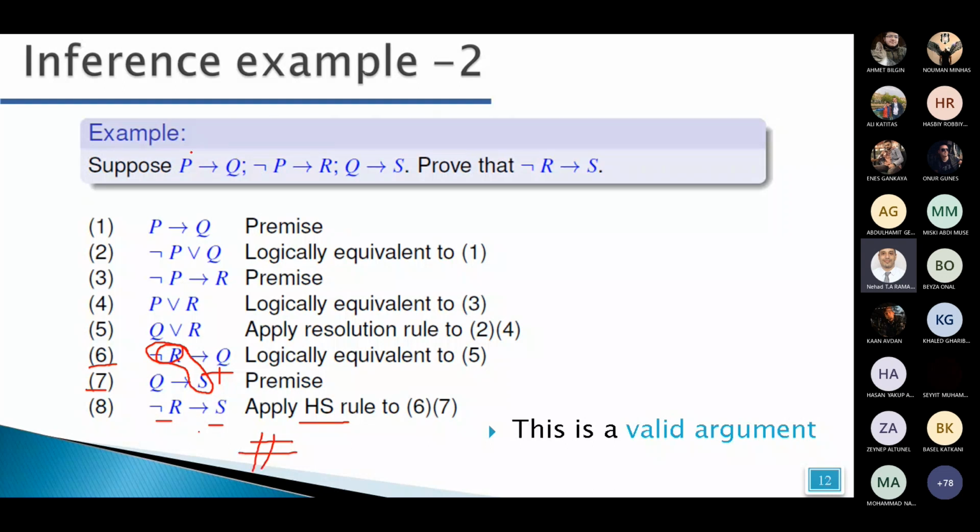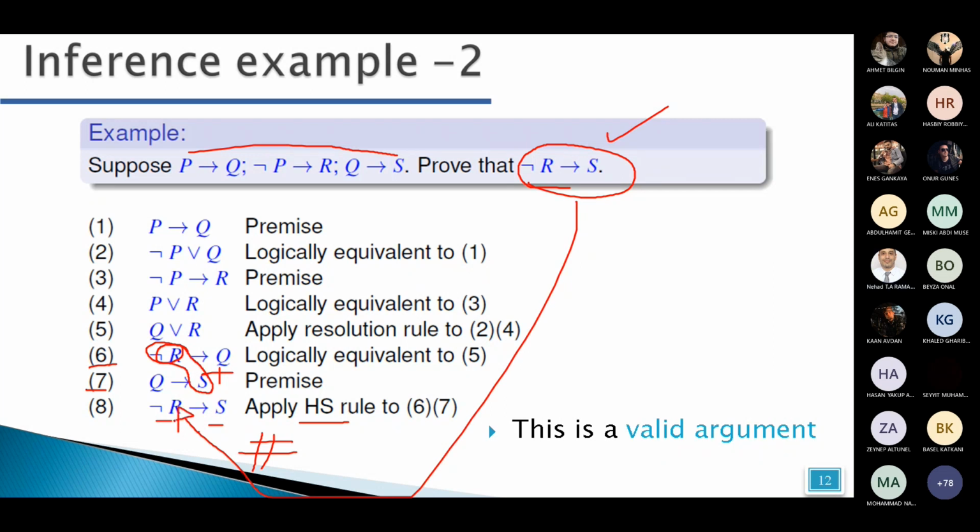So we used the premises and got from them the conclusion.